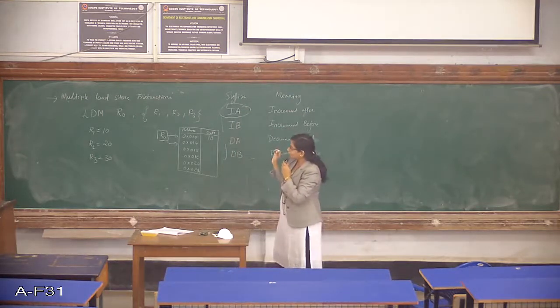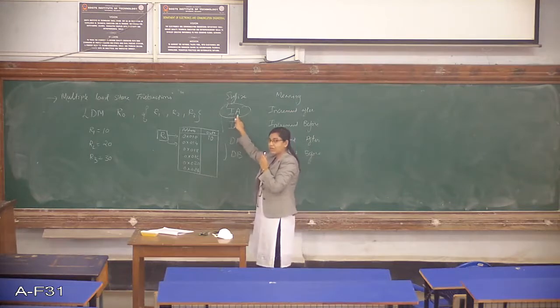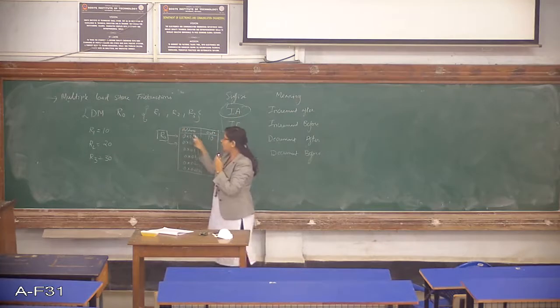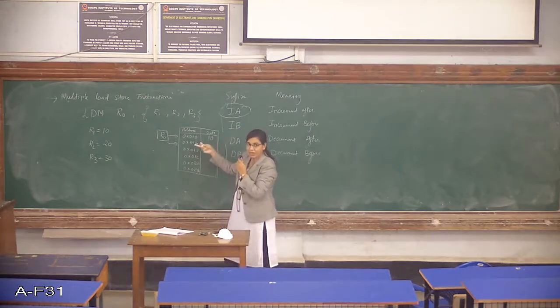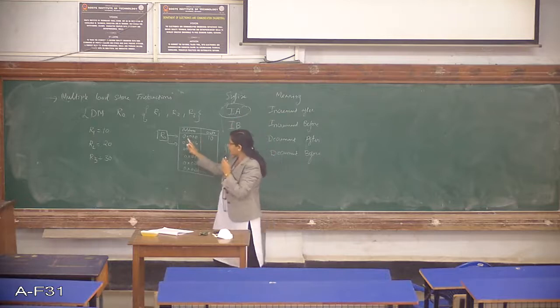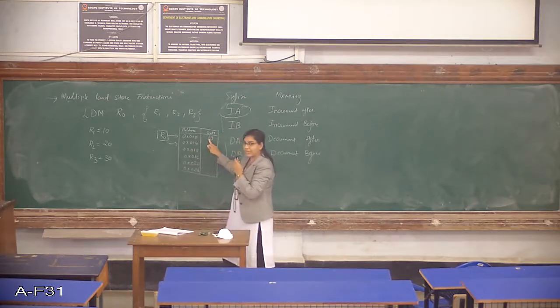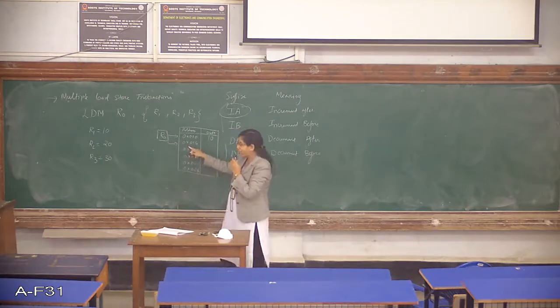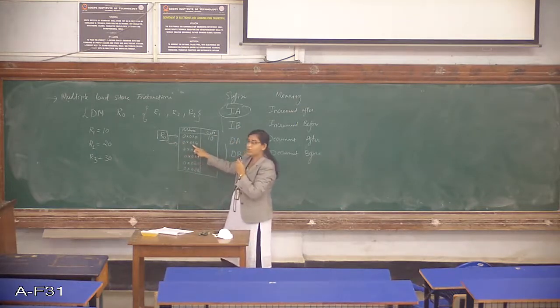What do we mean by increment after? First load the data and then increment the pointer. So first I'll be loading the data here, and then I'll be incrementing the pointer. The pointer is now incremented and it is pointing to 014.